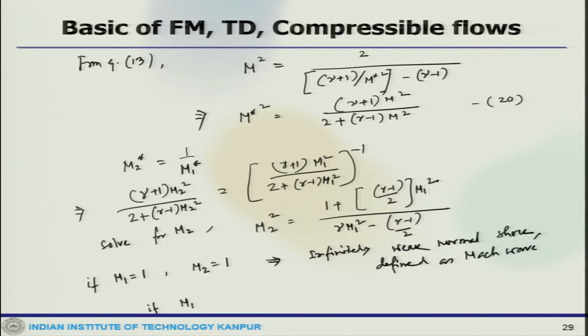If M1 is greater than 1, then the normal shock becomes stronger and M2 becomes less than 1.